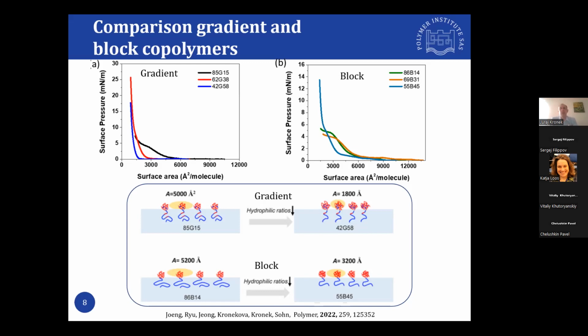The neutron diffraction experiment showed different density of the core for gradient and block copolymers. And this different distribution of lipophilic and hydrophilic segments also leads to different stability and different loading capacity of nanoparticles.